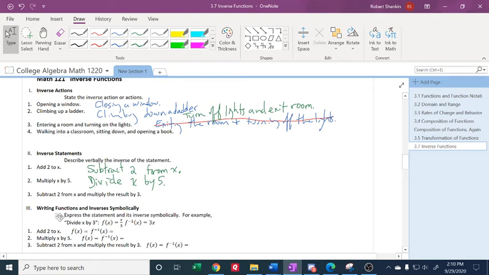Group number 1, do you have anything? Same group, do you have anything for number 3? And you can say pass if you want to.